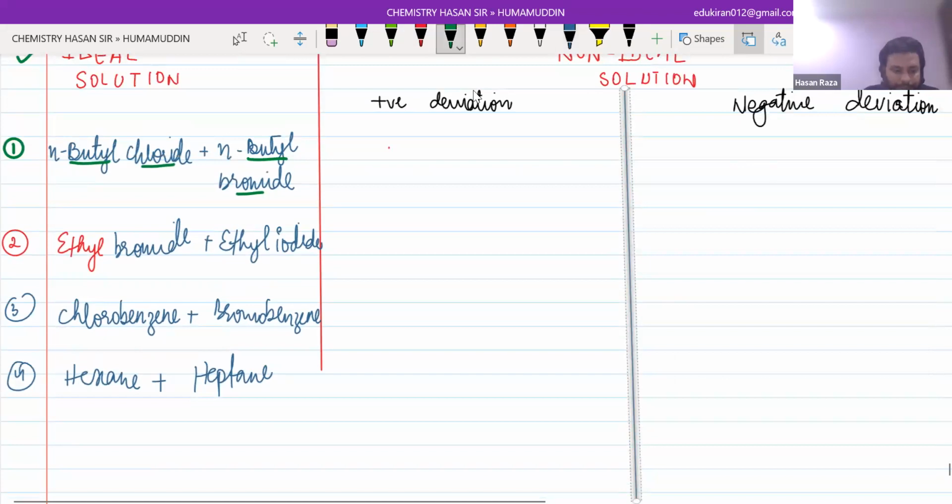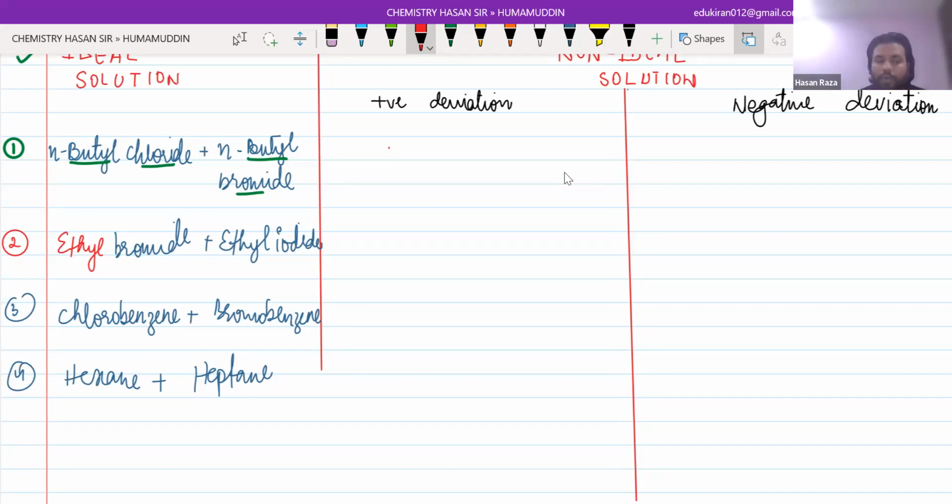Yes or no? Yes, sir. As I told you, similarity is ideal solution, dissimilarity is non-ideal solution. But how are you going to get positively deviated or negatively deviated non-ideal solution?